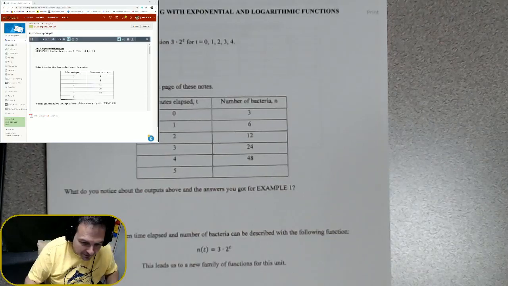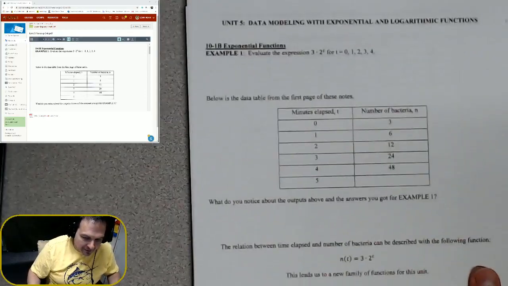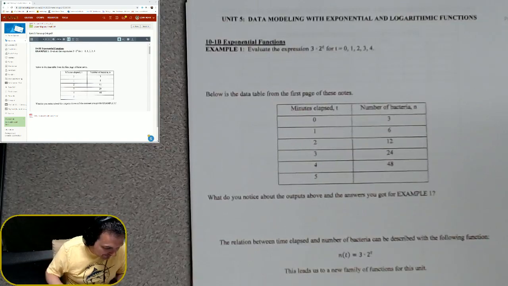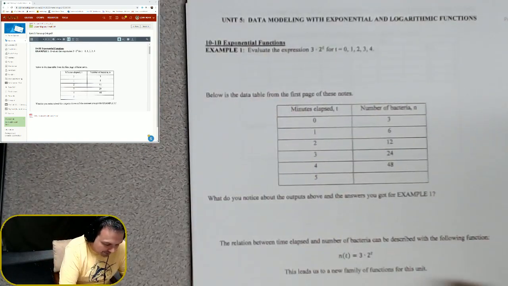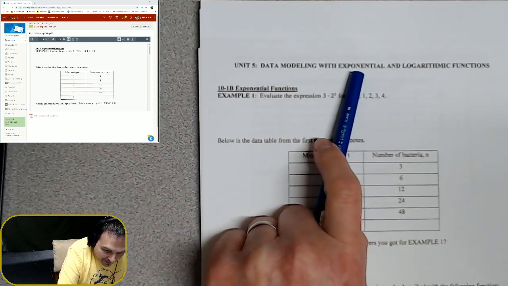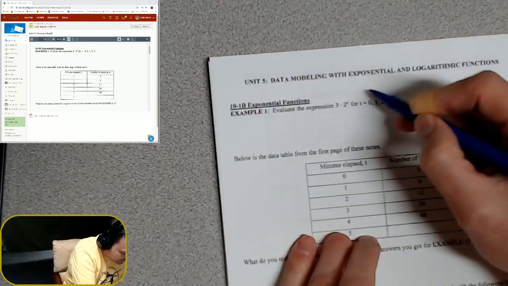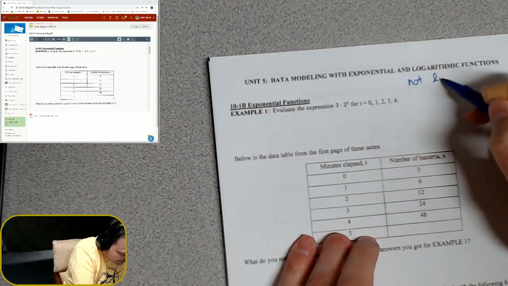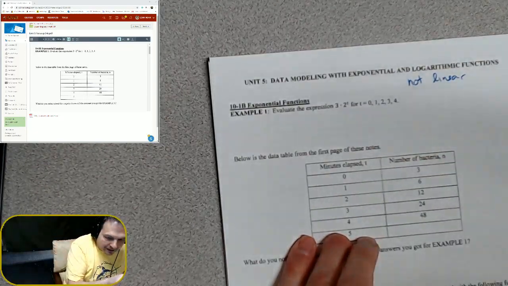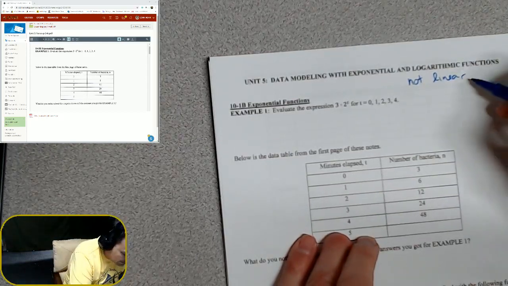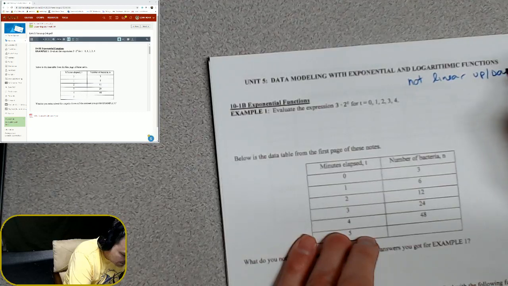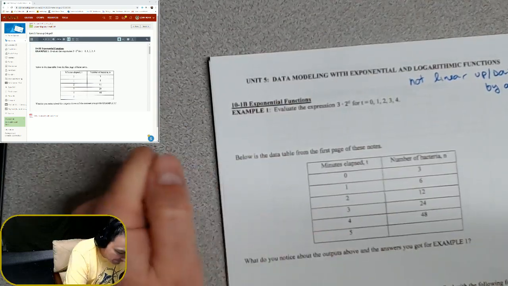Here was from yesterday. Okay, there's our document. Here's where we left off yesterday. We were talking about exponentials. Now exponentials, that's different. That's not linear, because remember, linear goes up or down by adding or subtracting.